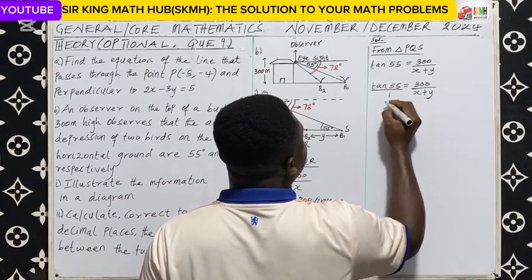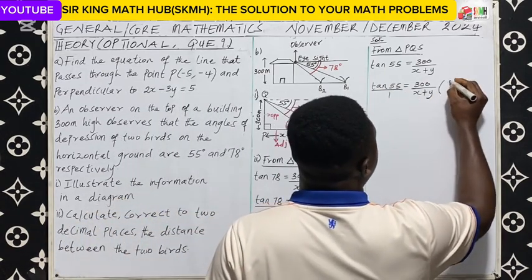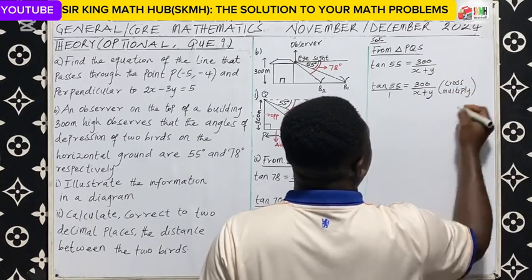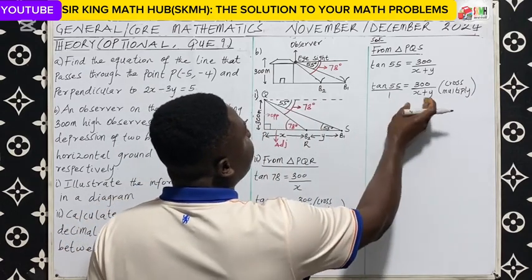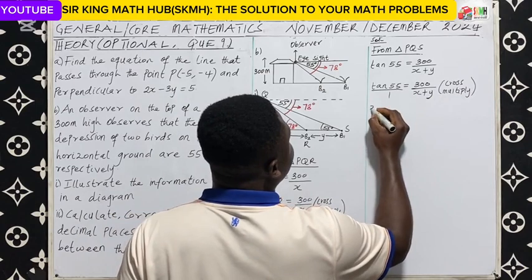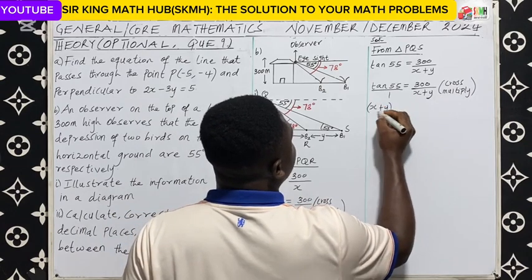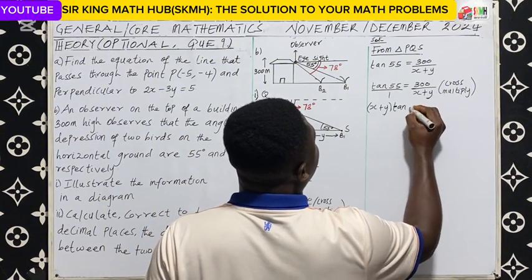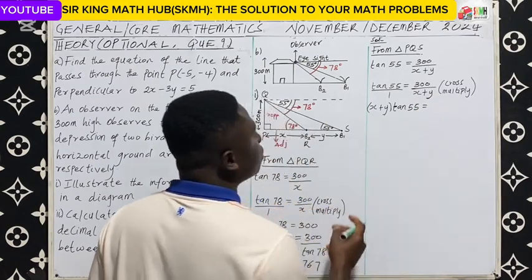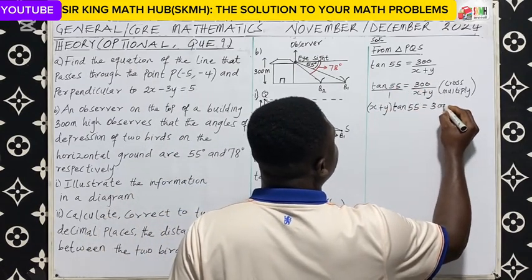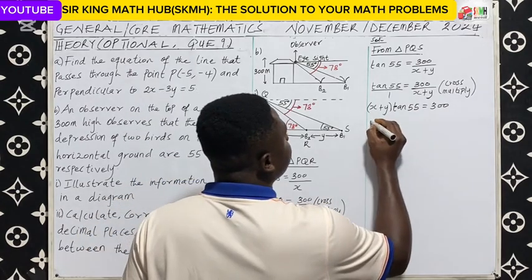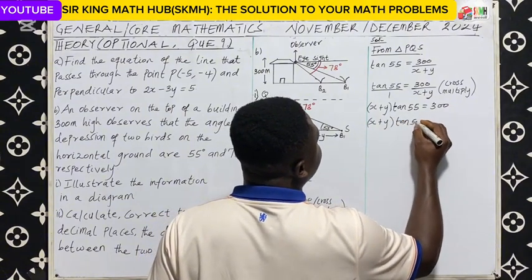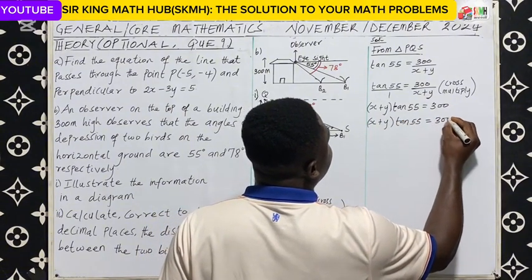So tan 55 is the same as tan 55 on 1. So we can cross multiply. So we have tan 55 multiplied by x plus y, and this should be equal to 1 multiplied by 300. So 300. So x plus y multiplied by tan 55 is equal to 300.